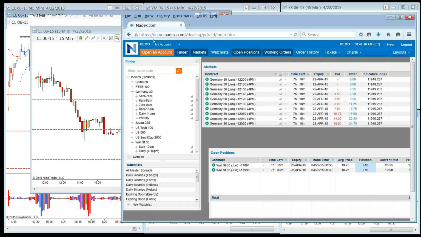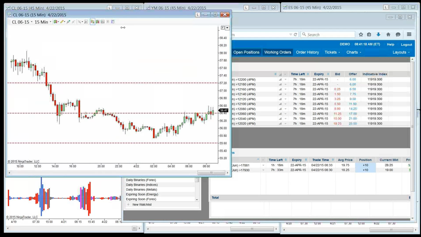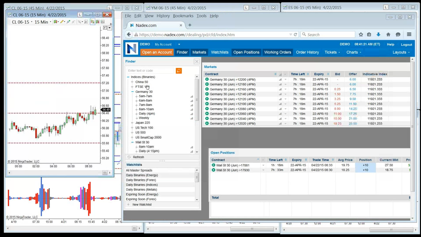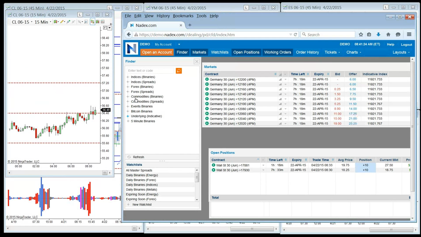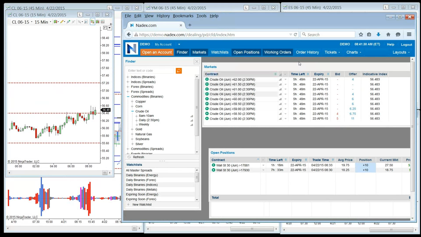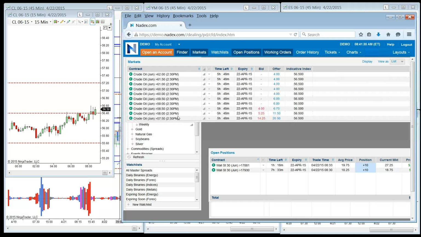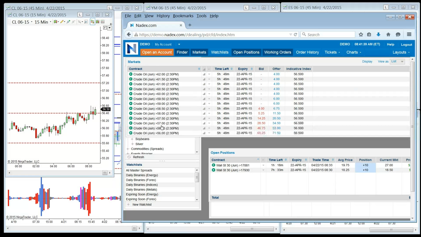We're just going to straddle this and see if we can get any good prices on crude. We're going to go out to daily because I don't want to wait. We need somewhere around 57.20, but that's $35.